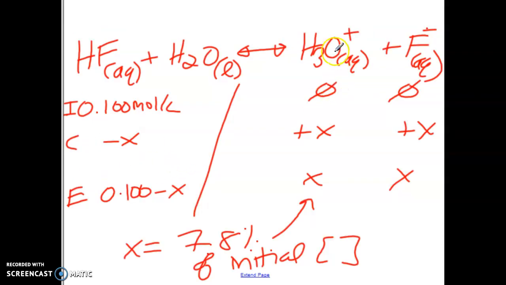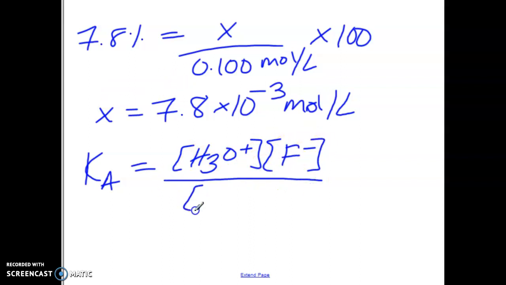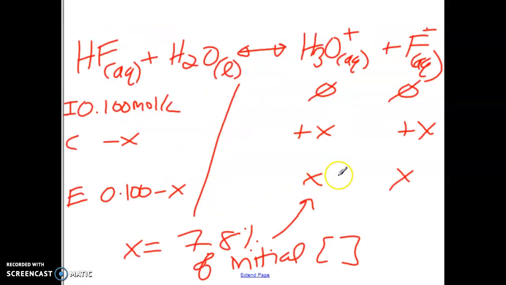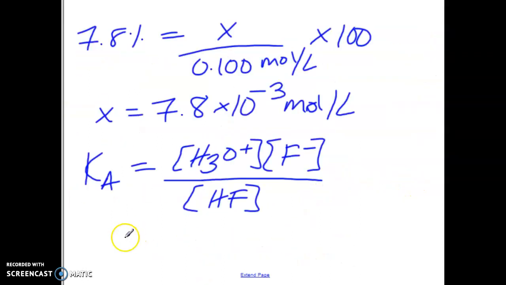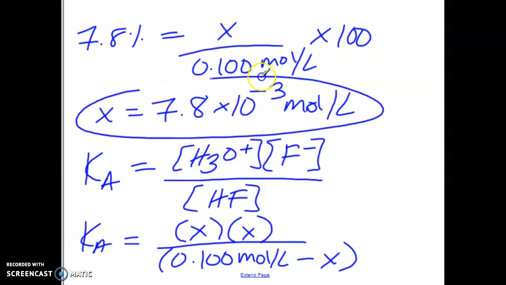Our Ka expression is going to be our products over our reactants, over HF. If you recall, this is X and X over 0.100 moles per liter minus X. But we know what X is equal to, so we're going to plug in and solve for Ka because we have this number.